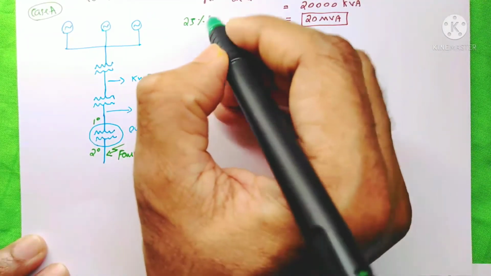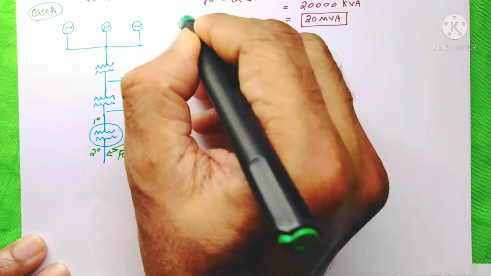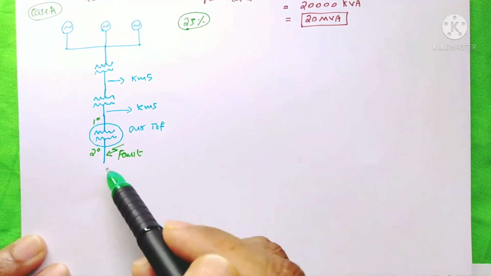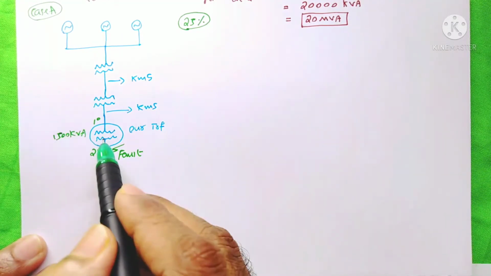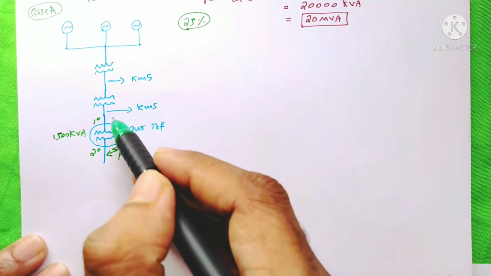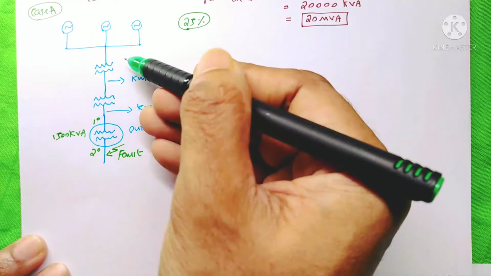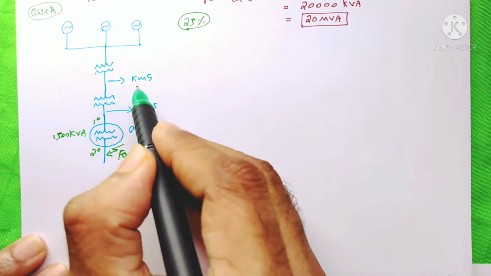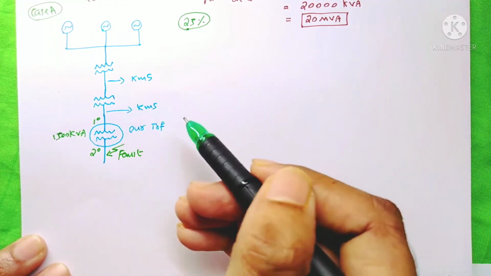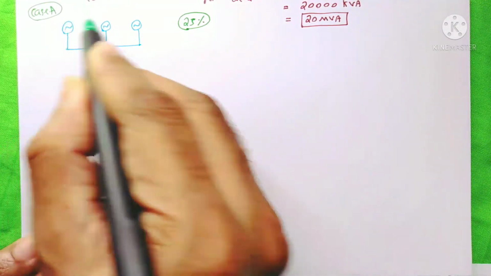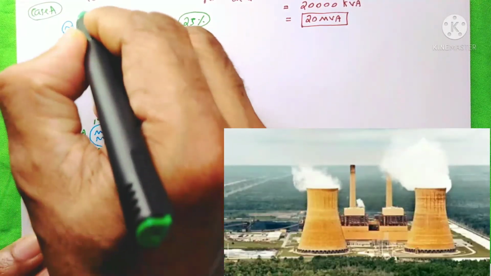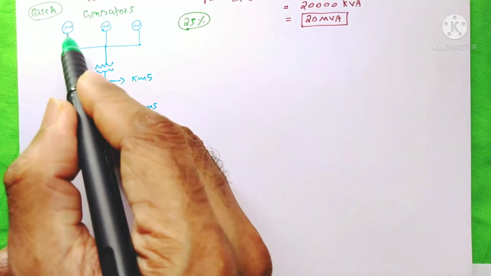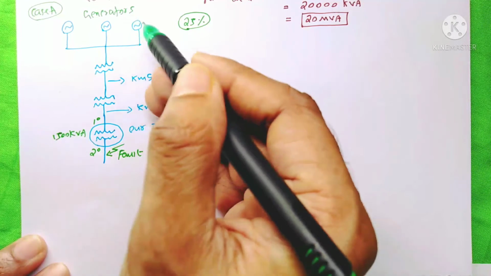Here I am going to explain why I took that 25%. See, here it is case A. It is our transformer. Before this transformer there might be some other transformers, and the transmission line. It might be several kilometers. And there are the generating stations and generators, and there might be one or more generators in parallel.